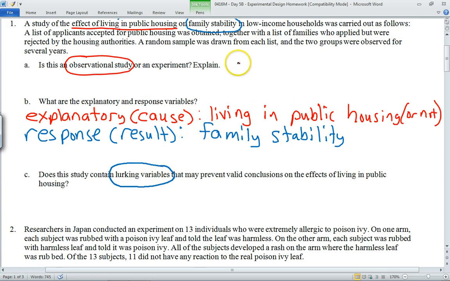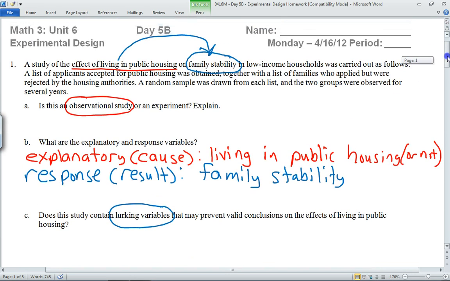Now, in particular, let's remember, how did the people get divided into these two groups? Some of them were living in public housing, some of them were not. Who decided who was going to live in public housing and who wasn't? How did people get sorted into these two categories? Was it the researcher?